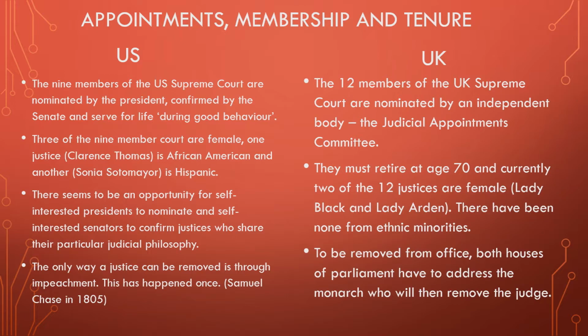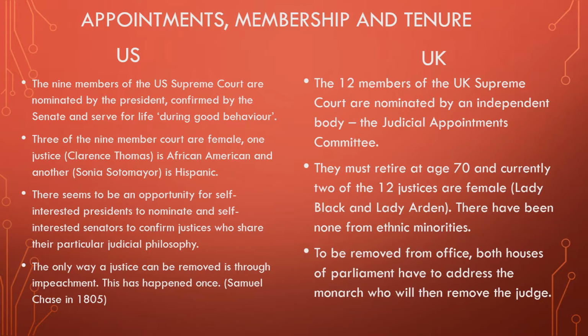Contrastingly, with the UK, there are 12 members of the UK Supreme Court, and they are nominated by an independent body, the Judicial Appointments Committee. One of those people on the Judicial Appointments Committee is a Lord. The rest of them are selected to be independent, and the idea is that the political leaning of the government at the time and the political leaning of the House of Lords is removed from that committee.